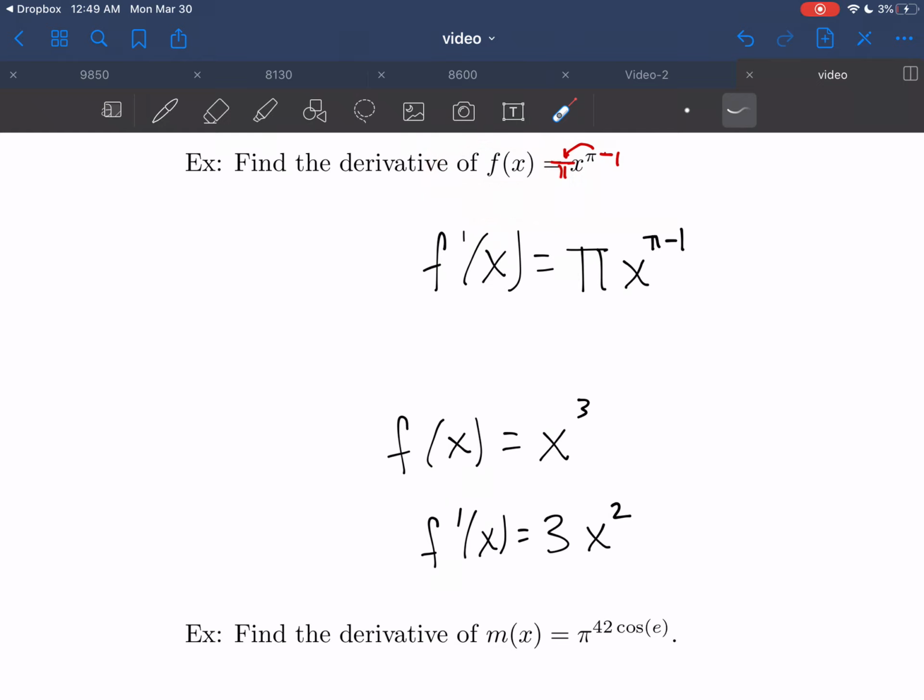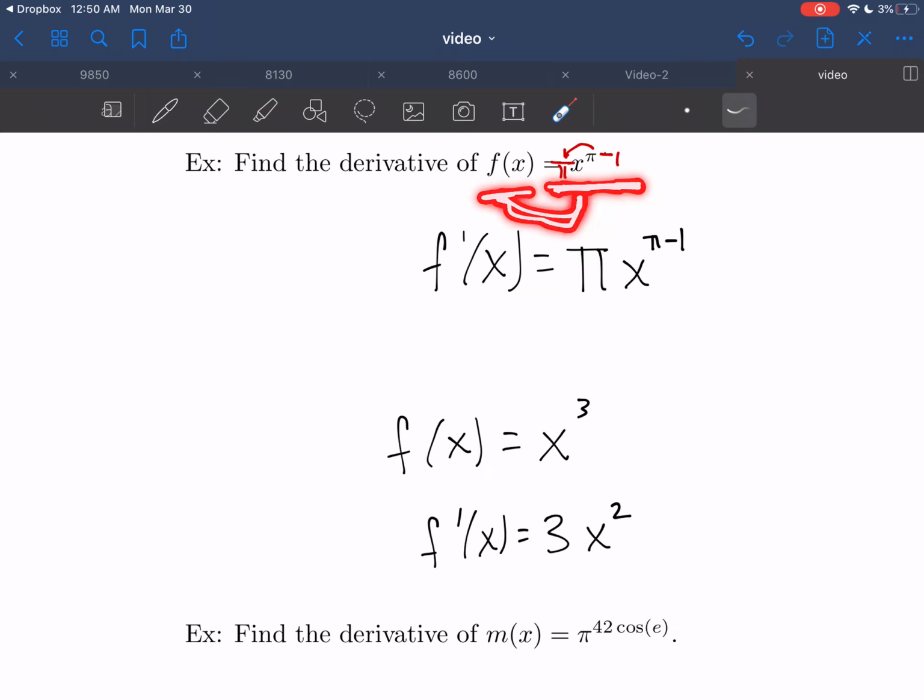So to use the power rule, it's got to be whatever that variable is to a power. It could be a t, and then we would have to have t to some power.